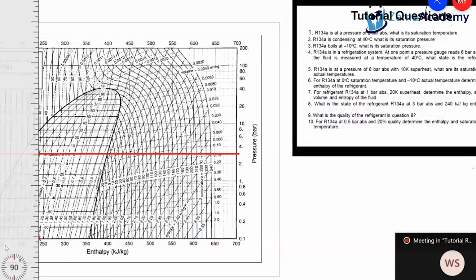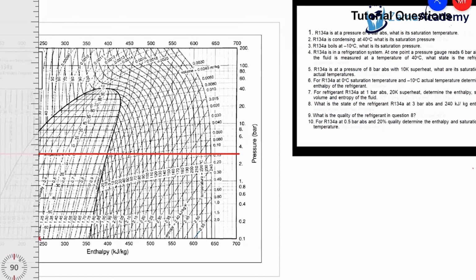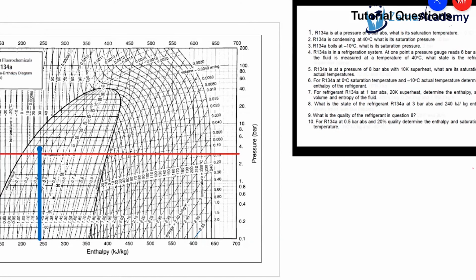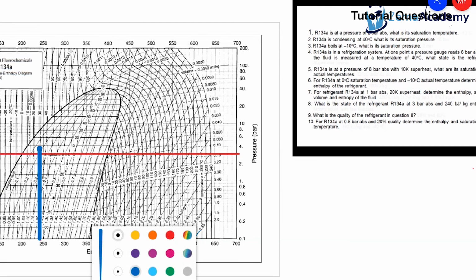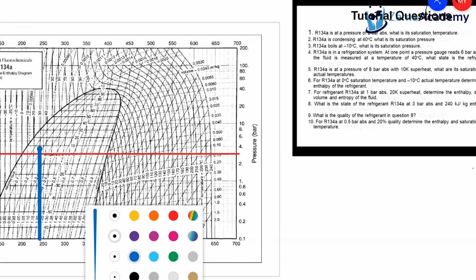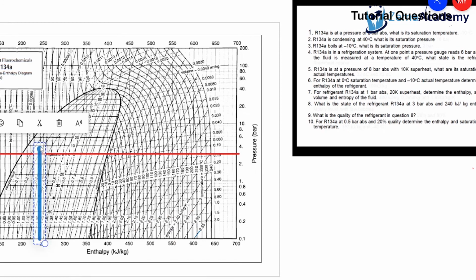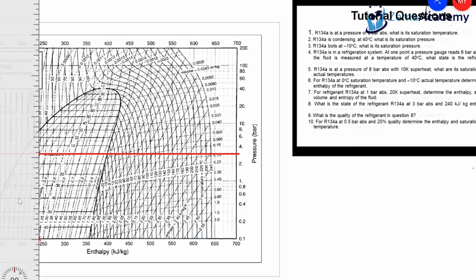If I draw vertically until I cross my pressure, and then look at the second section, this little hoop thing, it would be closer to the liquid side, but it's not completely saturated, so it will be predominantly liquid with a bit of vapor.